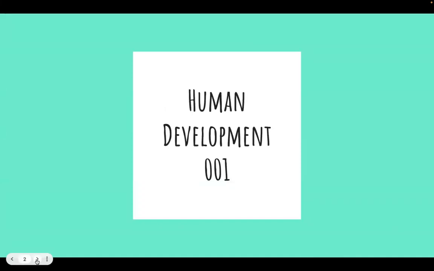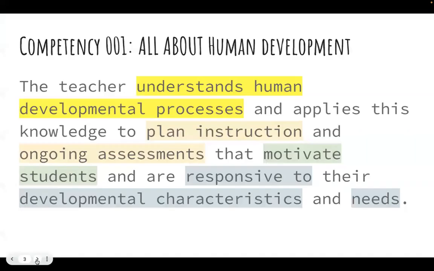So last time we met, we did competency 1, which is all about human development. You understanding the human growth and development processes. Remember, our students are little humans and they're not fully formed cognitively, socially, emotionally, maturity wise.